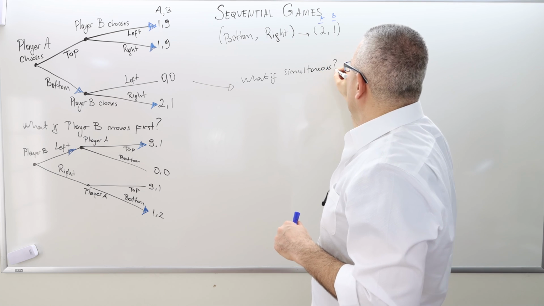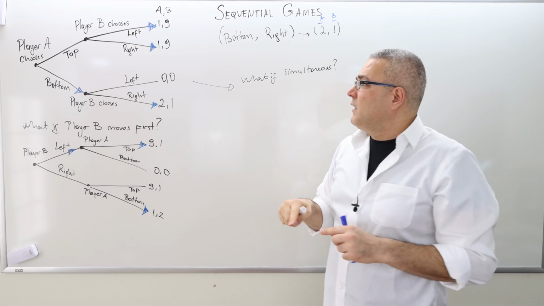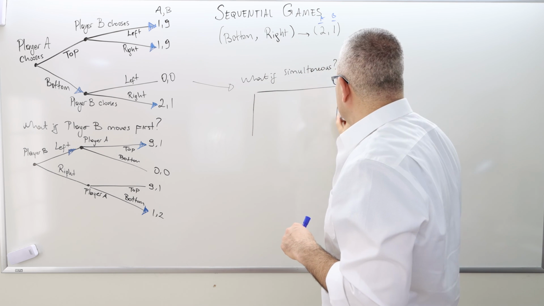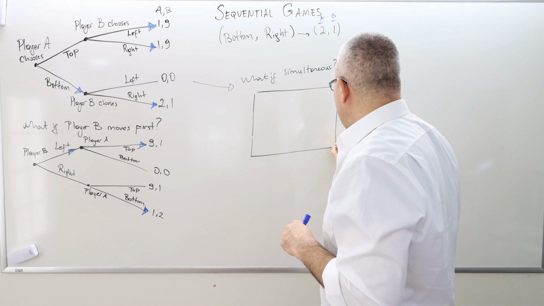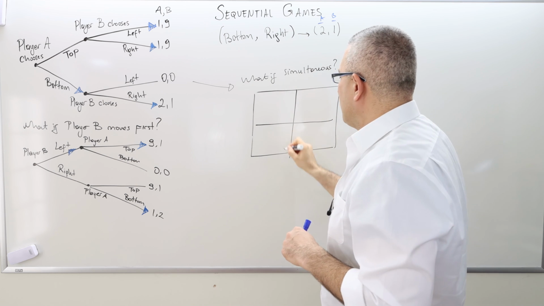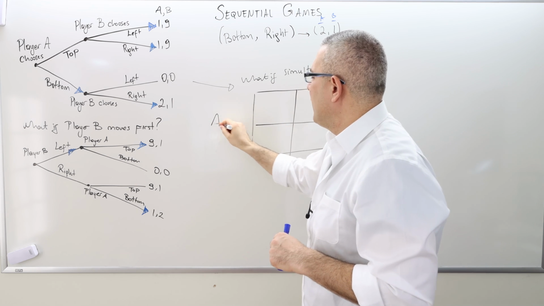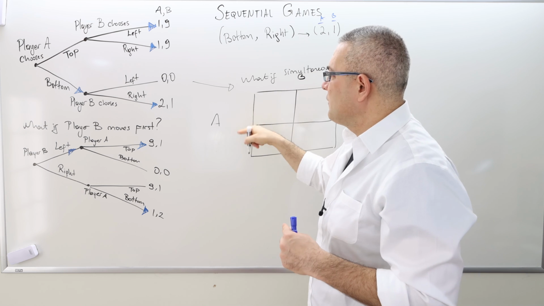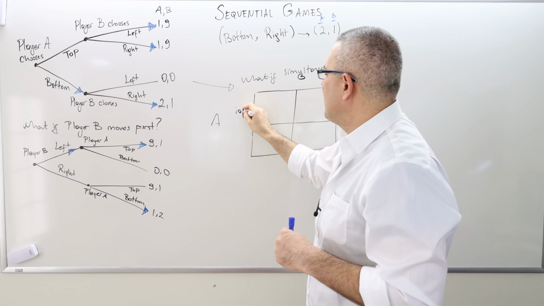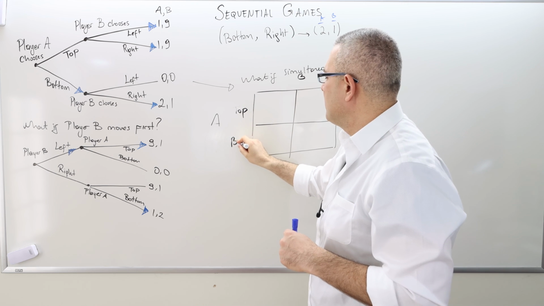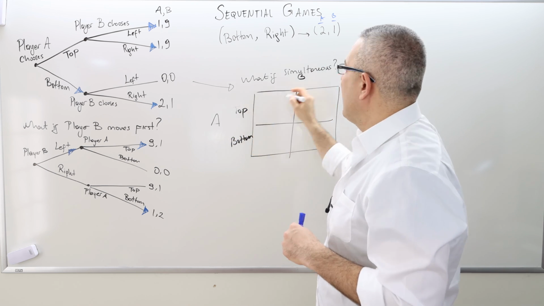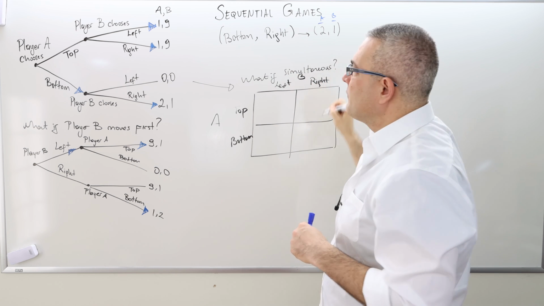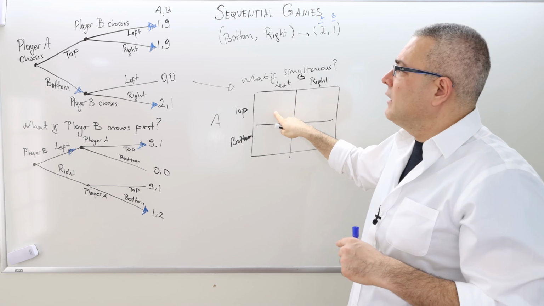All right. Well, if this game was simultaneous, remember, we always represent simultaneous move games as a matrix game. Because I have 2 players, player A here, player B here, and then the choices, the actions, or the strategies, top and bottom for player A, and left and right for player B. And then fill in the blanks.